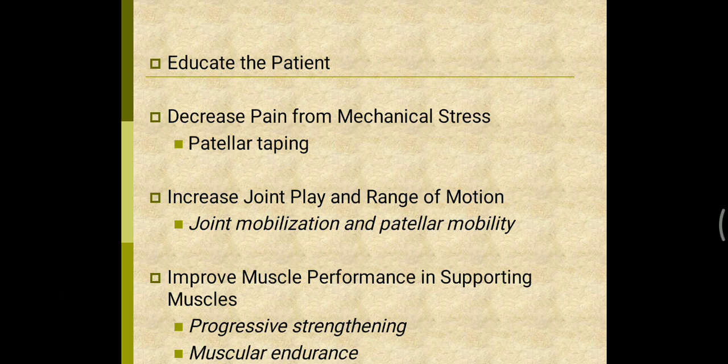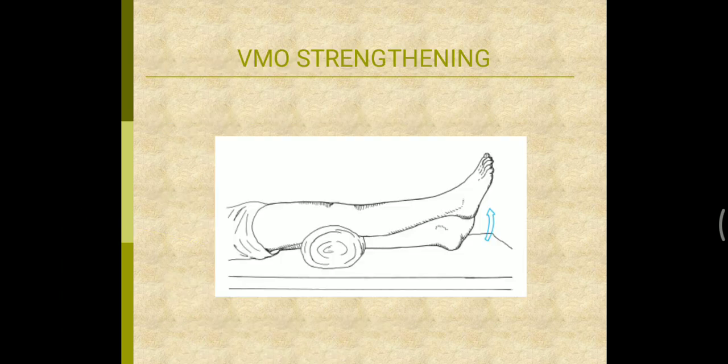Improve muscle performance in supporting muscles, with progressive strengthening and muscle endurance. For that we can do isometrics, hold and relax, and other techniques that will increase the muscle strength of mainly the quadriceps muscle. So VMO strengthening, that is vastus medialis oblique muscle strengthening. In this exercise we put a roll or a pillow below both knees, and that will provide partial knee flexion.